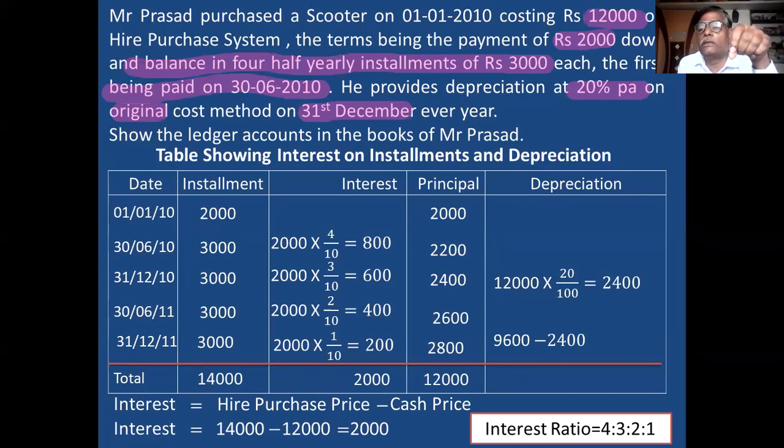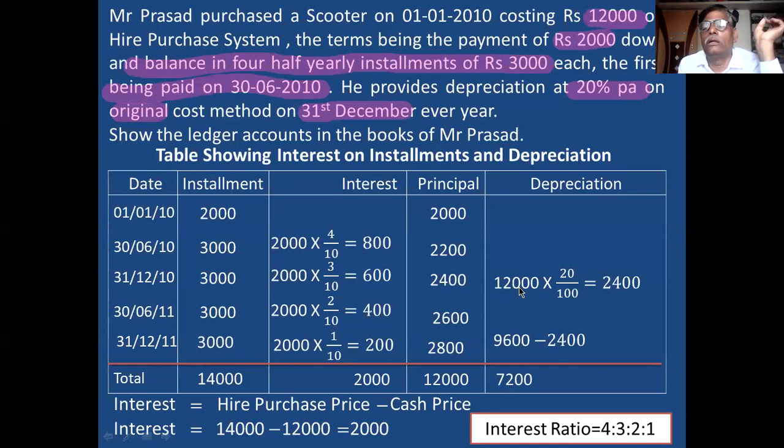Interest and depreciation are fixed. Calculate again 12,000 into 25%. Every year depreciation is the same in the fixed installment method. Now the balance is 7,200.